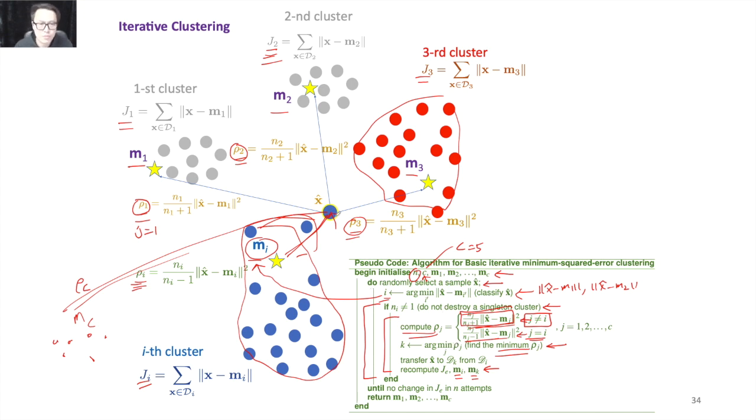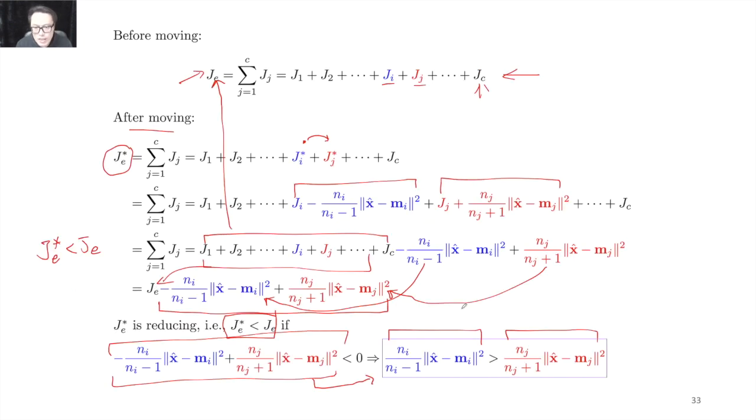In case rho i is the smallest, that means we move this x hat from the ith cluster back to the ith cluster. In that case, it means that the best move is not to move, because this condition is not satisfied. The move is not the right move.